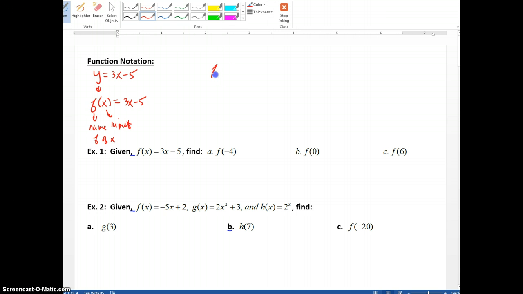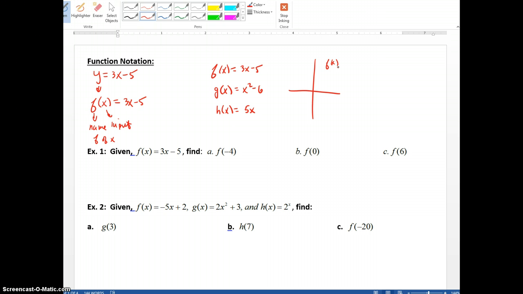So we might name one function f of x equals 3x minus 5, then another function g of x equals x squared minus 6, and then h of x equals 5x. So that when we graph these functions, we can label each graph with the name of that function. So how do we evaluate these functions?